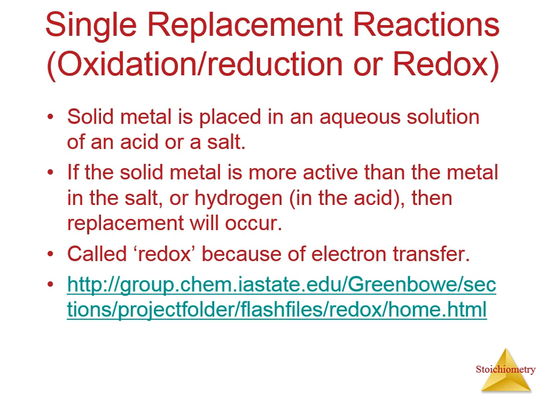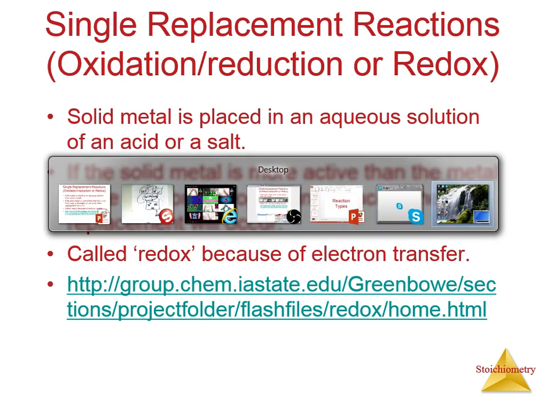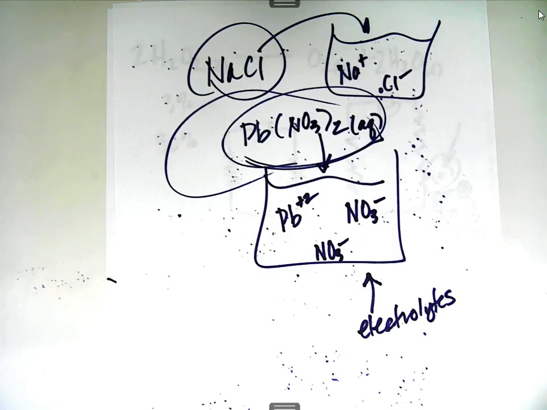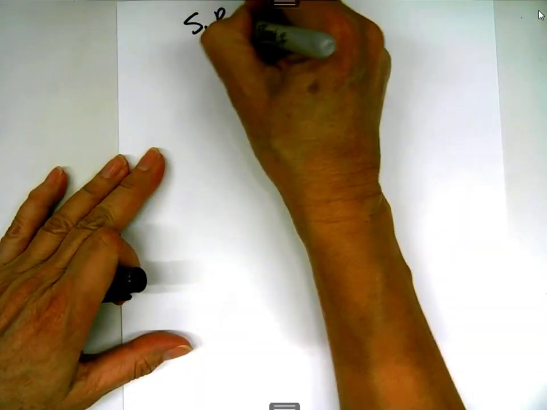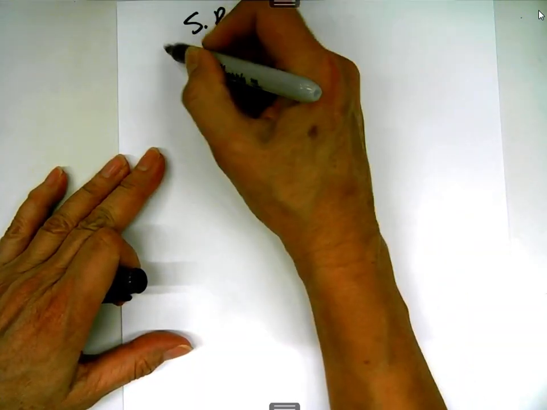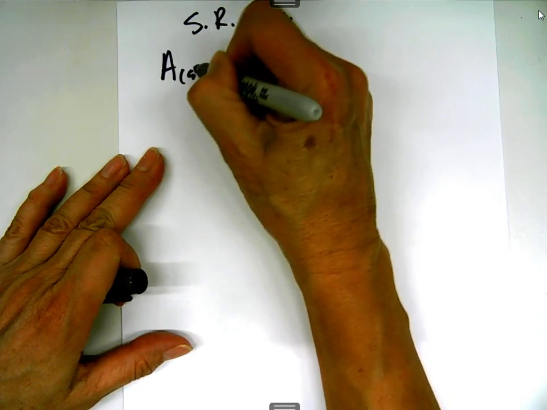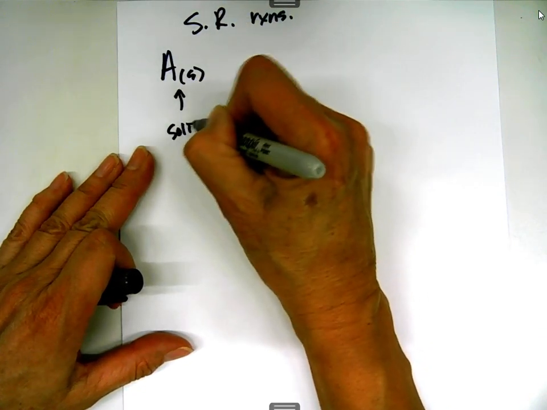Okay. So single replacement reactions, the general form, let's get back to our overhead here. The general form is you're going to have some solid metal.